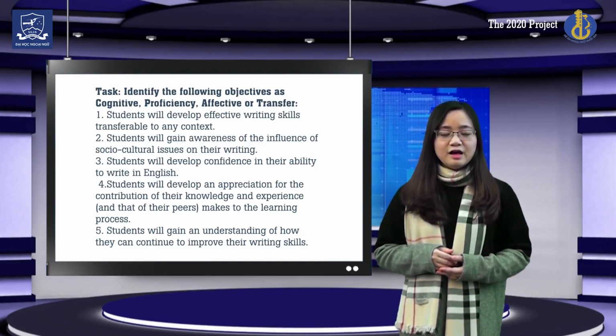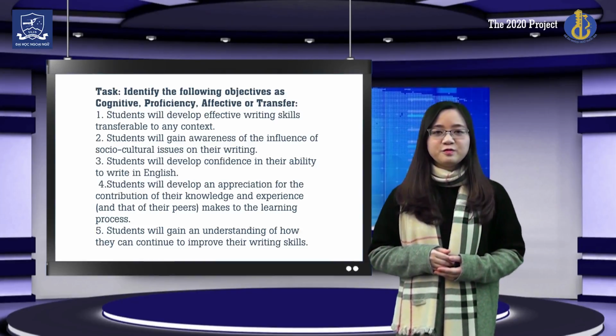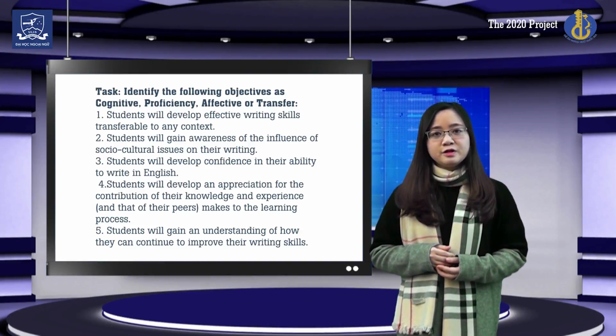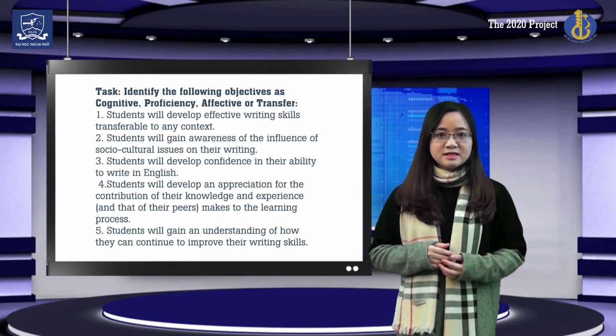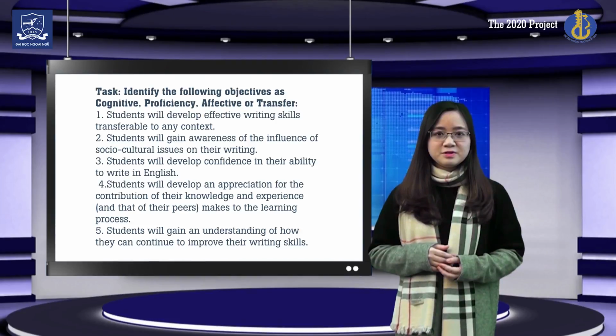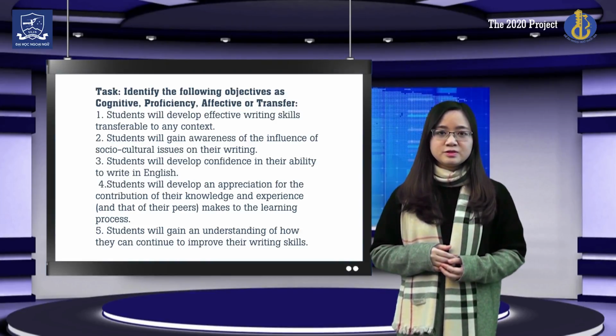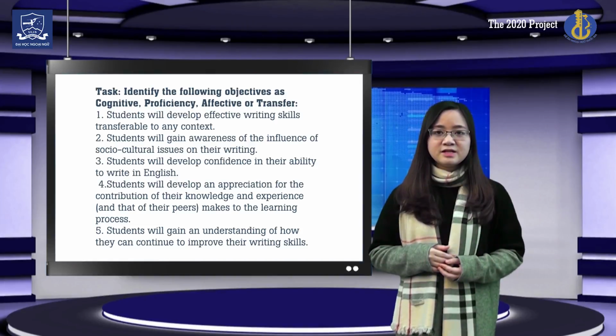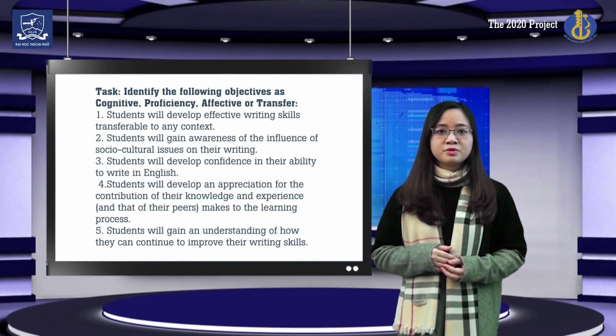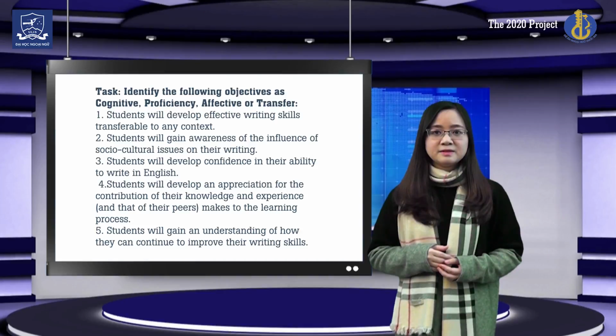Okay, let's check. First, students will develop effective writing skills transferable to any context, so it should relate to proficiency. The second one, students will gain awareness of the influence of socio-cultural issues on writing.